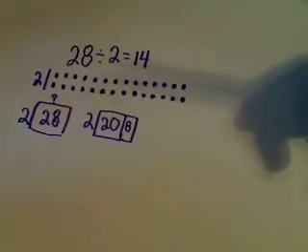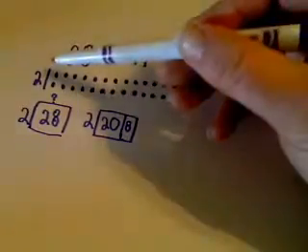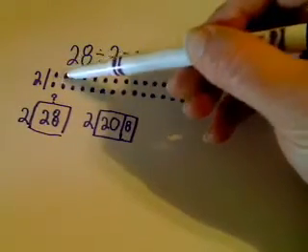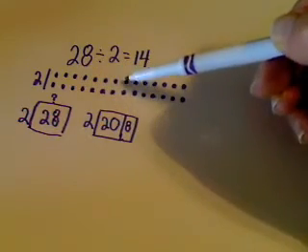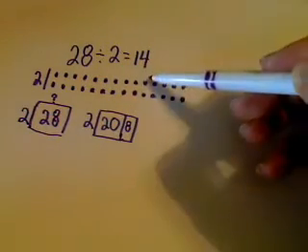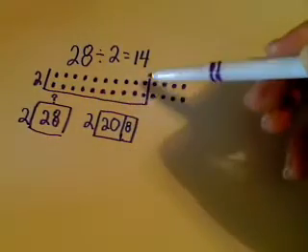If I were working with this same idea in my array, maybe what I want to do is count over 1, 2, 3, 4, 5, 6, 7, 8, 9, 10. There's 10 groups of 2.